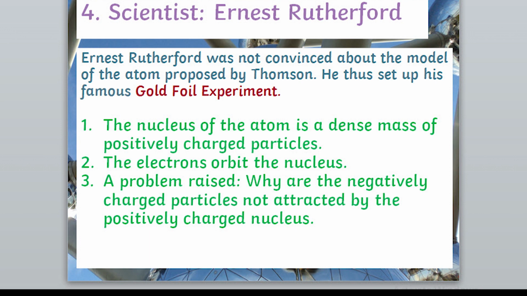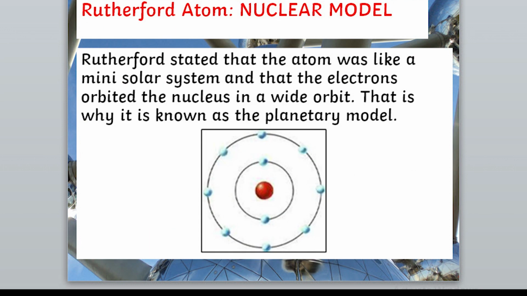Accordingly, the electrons which were fixed in the model of Thomson are orbiting around the nucleus in the model of Rutherford. Rutherford stated that the atom was like a mini solar system and that the electrons orbited the nucleus in a wide orbit. That is why it is known as the planetary model.